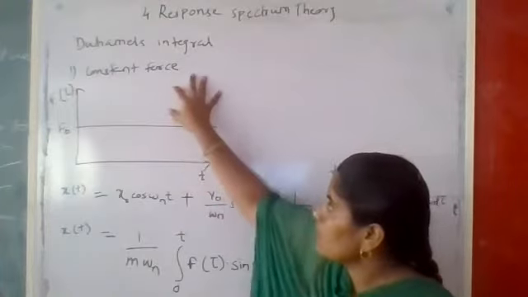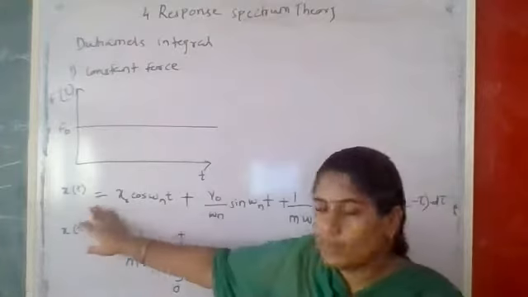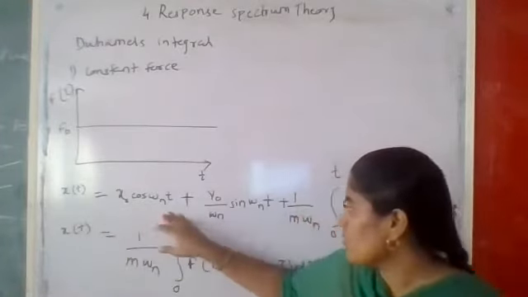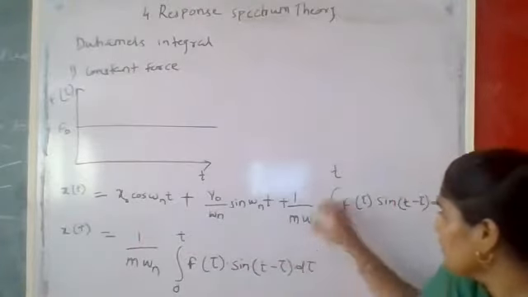Based on Duhamel's integral, what is Duhamel's integral? We already saw in the last lecture that it is x of t equals x naught cos omega n t plus v naught upon omega n into sin of omega n t, plus the Duhamel term.